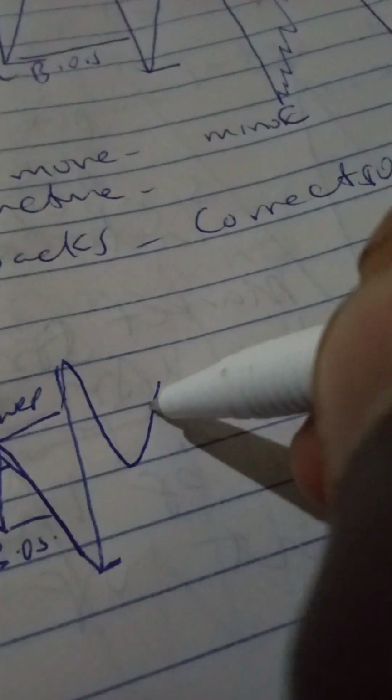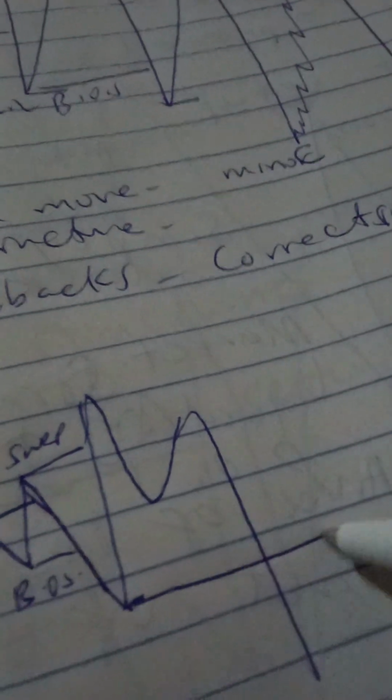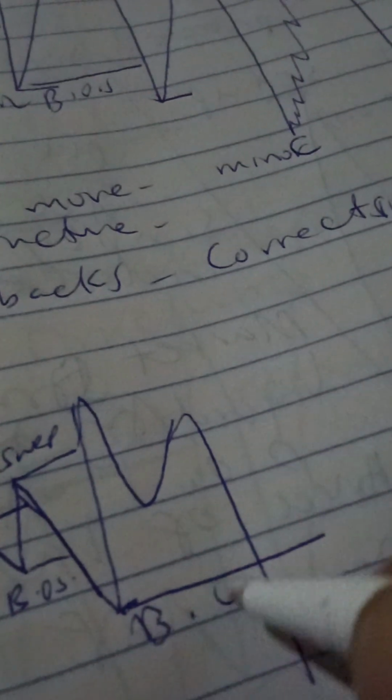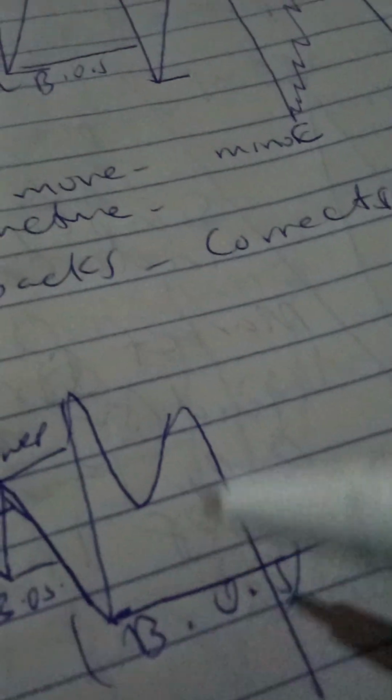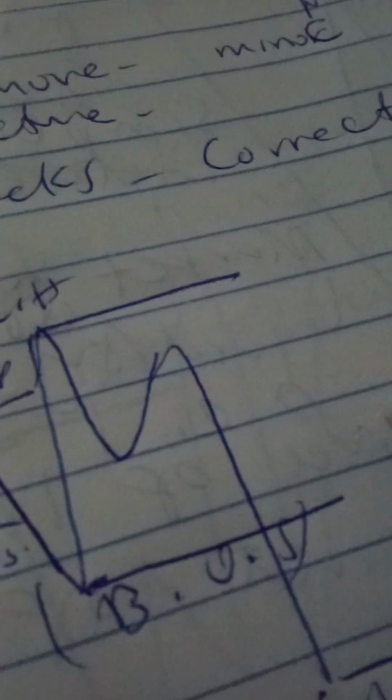It forms another lower high, and then now breaks structure. This is the BOS, right? And what I anticipate is, from this lower low to this lower high is my swing structure. And then up here I have another lower high.